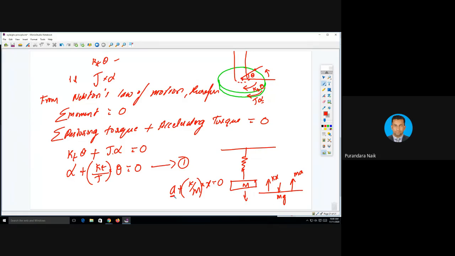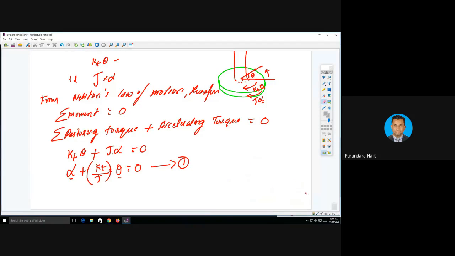Instead of linear acceleration, we have angular acceleration; instead of K, K_t here; instead of M, we have J; and x is the displacement, here theta is the displacement. Same equation we'll get, right? Next is very simple. Just keep on comparing with the spring mass system. We'll come to know why it is like this. Is it okay?